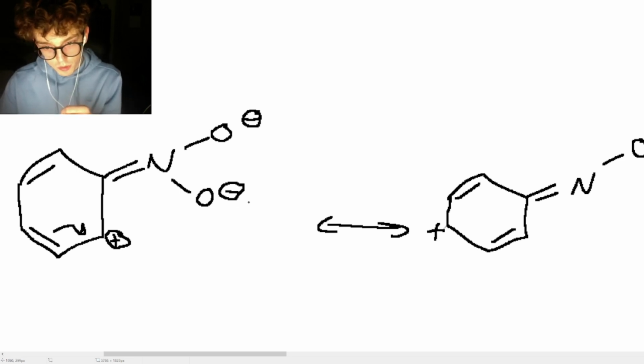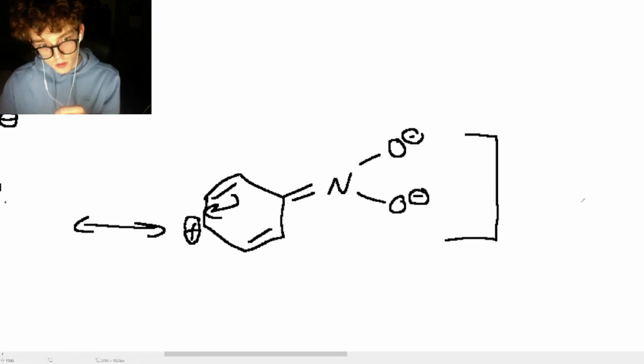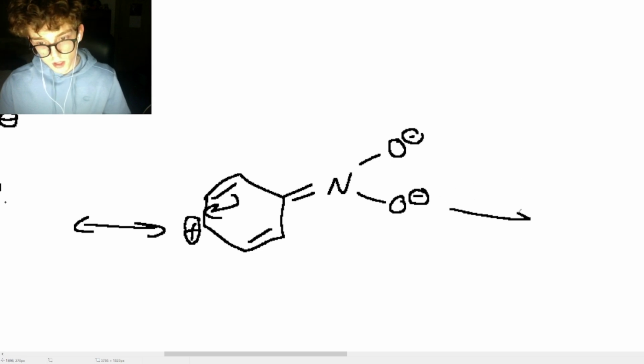It's only the ortho and para, kind of opposite of what we've seen so far. So we have that one, and then these pi electrons go like that. Oop, did not mean to draw that. It goes like this, yes, very nice, muy bueno.